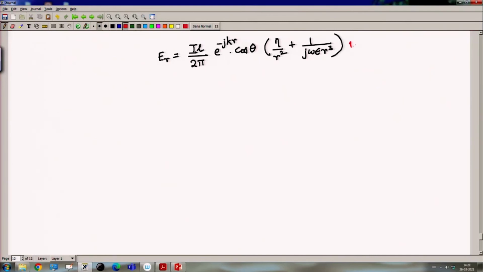So, this completes the derivation of the radial component of the electric field radiated by the electric current point source.